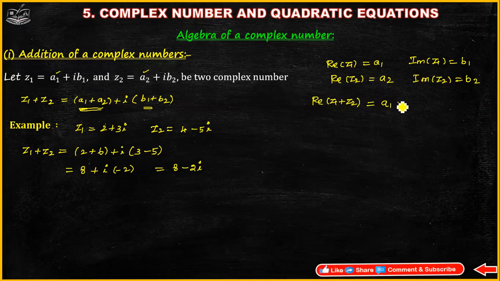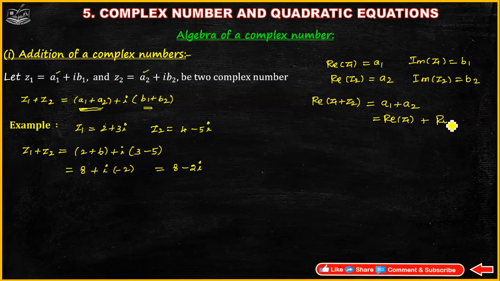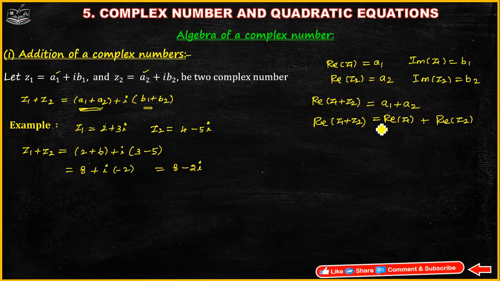Here a1 is the real part of z1 and a2 is the real part of z2. So the conclusion: real part of z1 plus z2 is equal to real part of z1 plus real part of z2. That is one result.